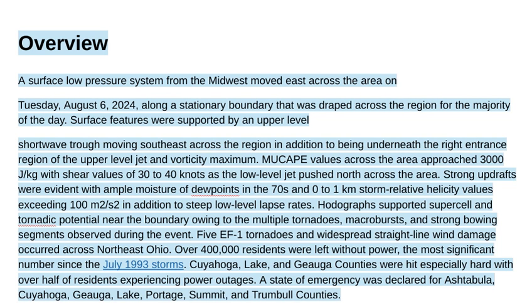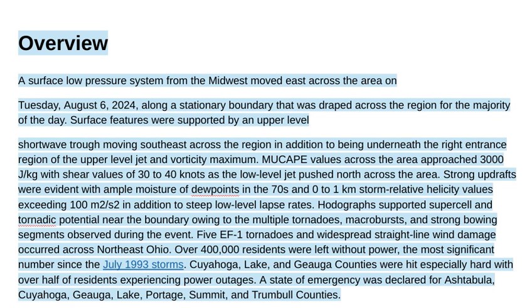This is along a stationary boundary that was draped across the region for a majority of the day. So this low pressure system moved across the boundary very slowly throughout the day.